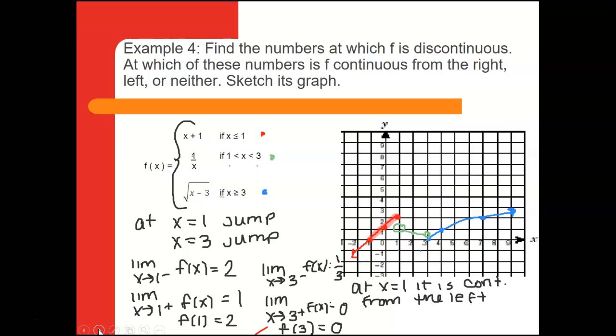So then we say at x equals 3, it is continuous from the right.